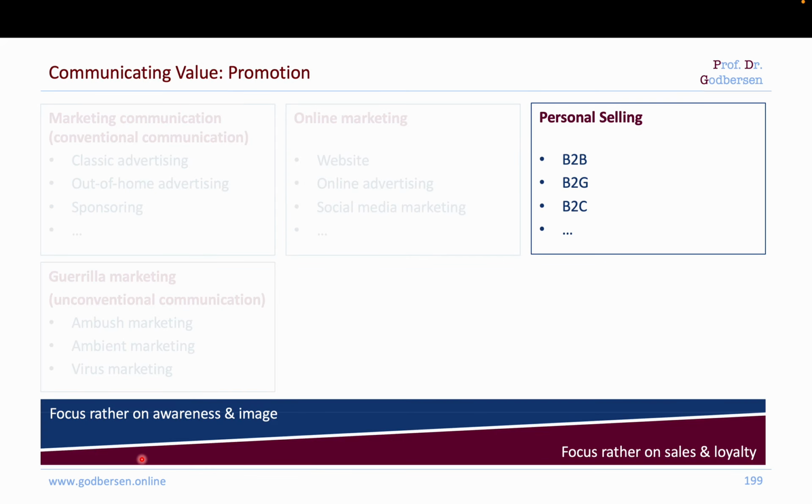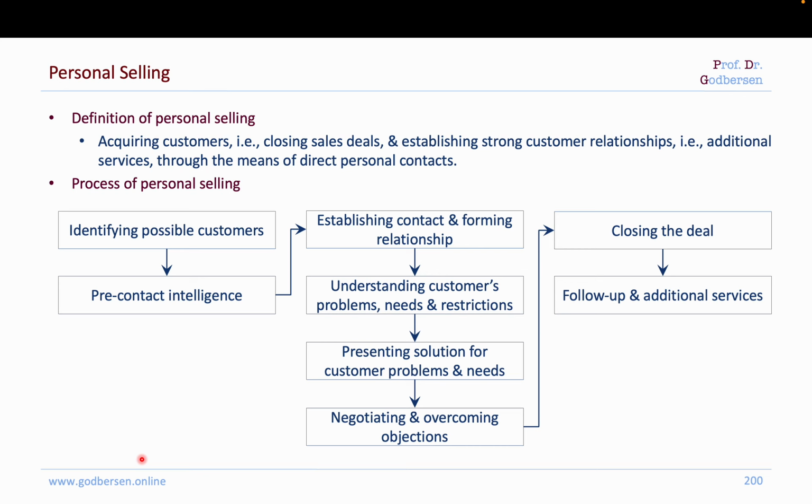Finally, we're going to personal selling. Personal selling is acquiring customers, closing sales deals, and a bit more: establishing strong customer relationships. That means you offer additional services through direct personal contact.